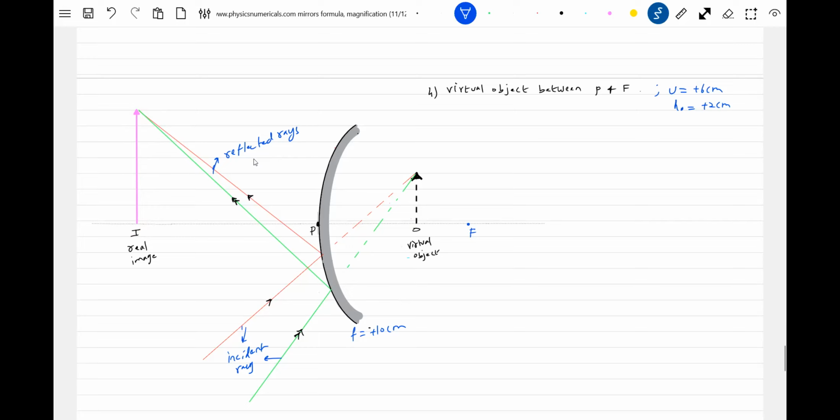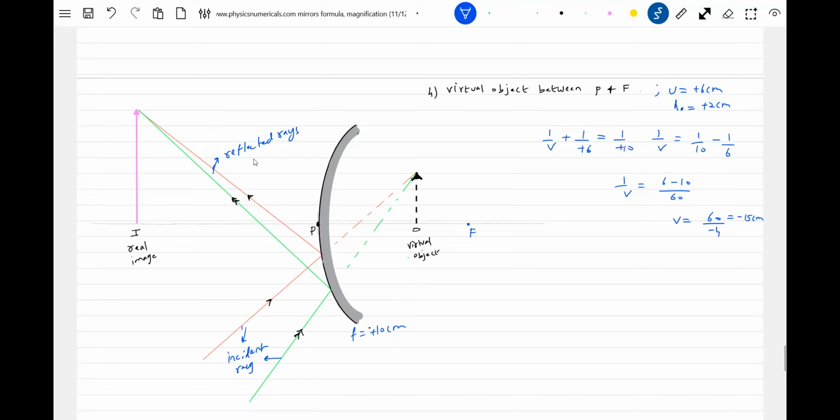Okay, let's use the mirror formula. 1 by v plus 1 by 6 equals 1 by 10. So this will be (6 minus 10) by 60. So v is equal to 60 by minus 4, which is minus 15 centimeter.